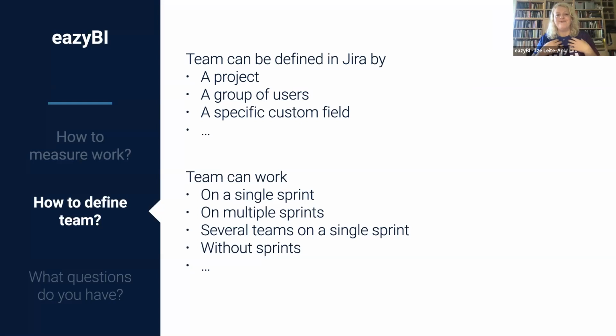Or I have been working as a team member when several teams worked on a single sprint, and we had to find which issues were for my team and which for another team, but the sprint was the same. And sometimes you work without sprints, because sprints are not the only way to work in an agile way.